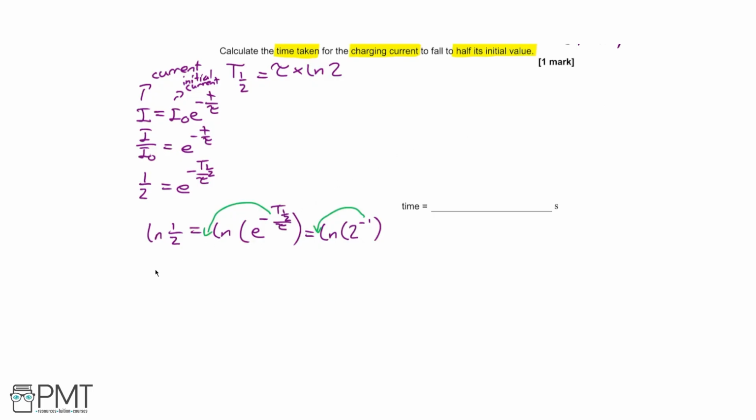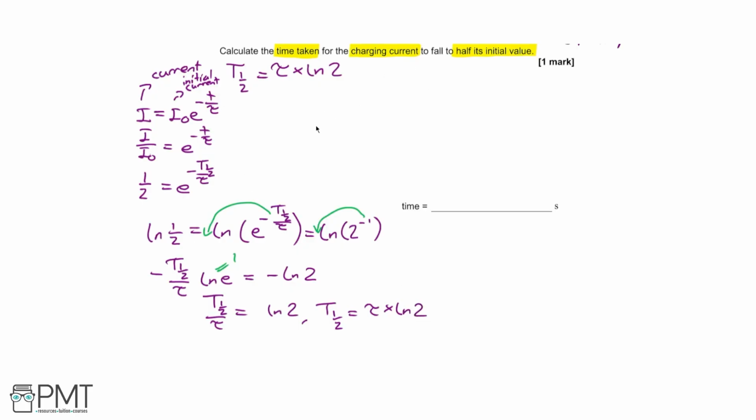So you get something which looks like minus t half divided by tau times the natural logarithm of e is equal to minus the natural logarithm of 2. Now, the natural logarithm of e is equal to 1. Therefore, we have that t half divided by tau is equal to the natural logarithm of 2. So t half is equal to the time constant tau multiplied by the natural logarithm of 2.